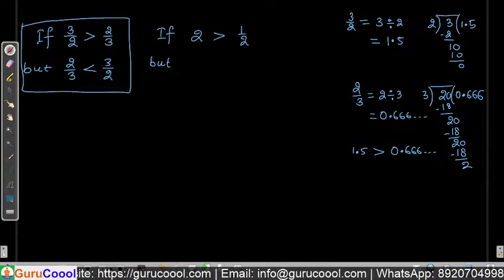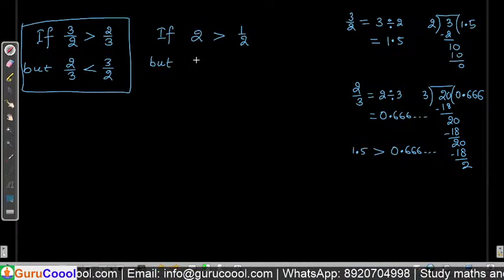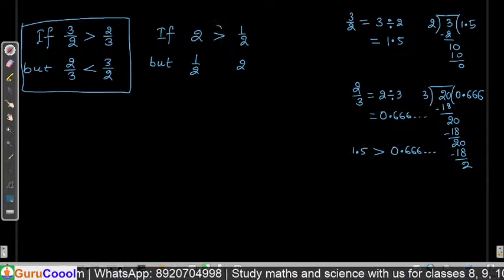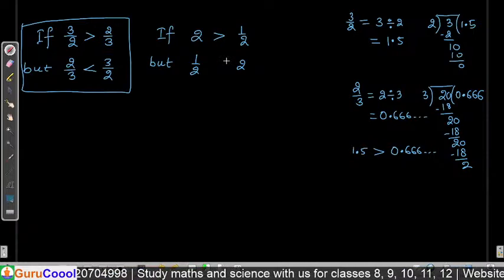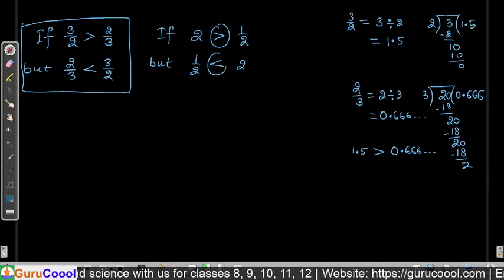But if I take the reciprocal on both sides, what is the reciprocal of 2? 1 by 2. And what is the reciprocal of 1 by 2? 2. So do you think the inequality sign will remain the same or be reversed? It will change. It will become lesser than, right? Earlier it was greater than, now it became lesser than.